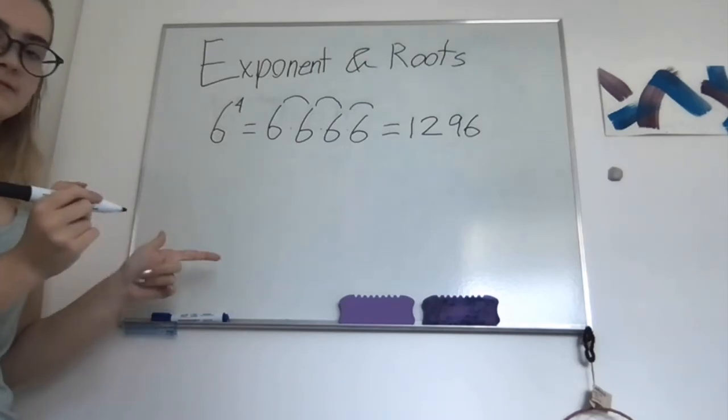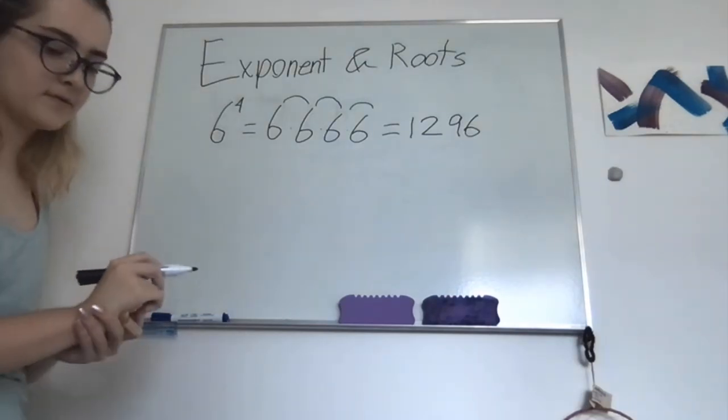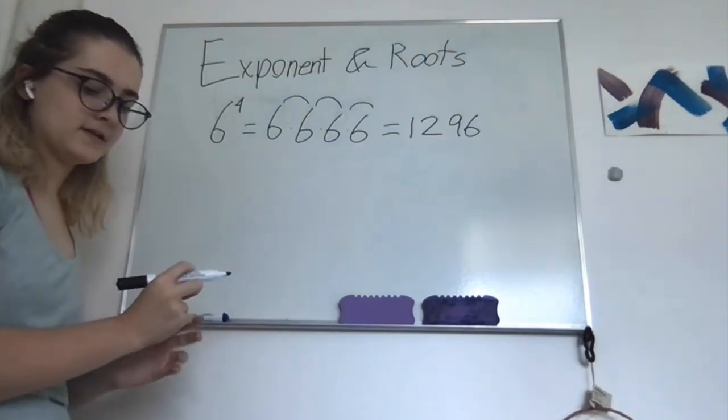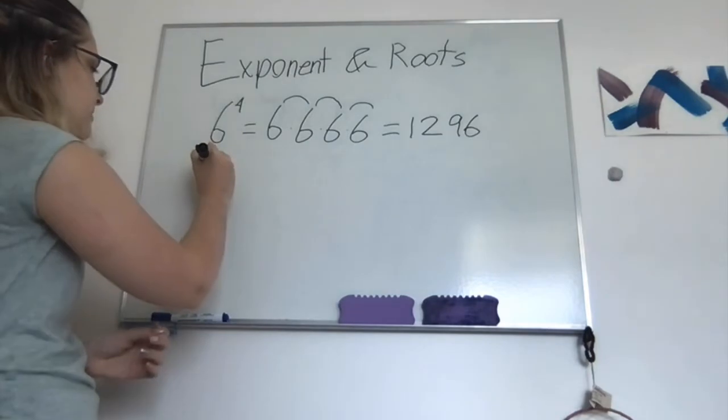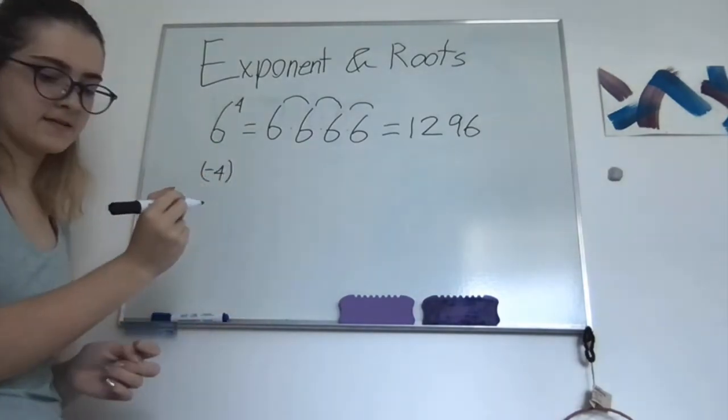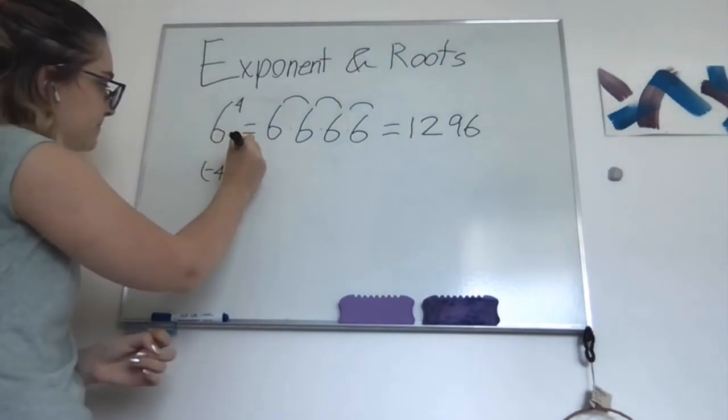Yes. We can also multiply negative numbers by exponents. So let's try -4 to the power of 3.